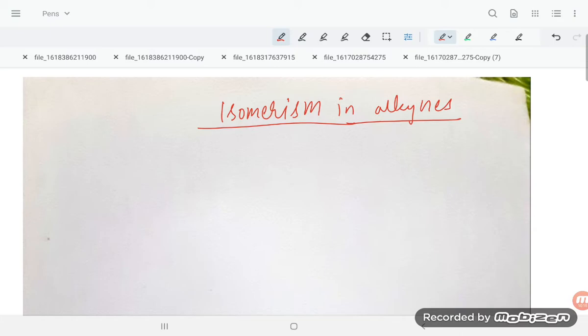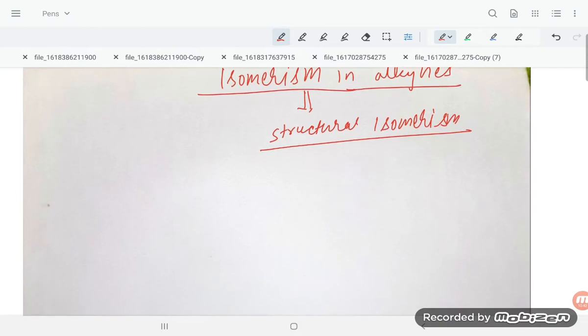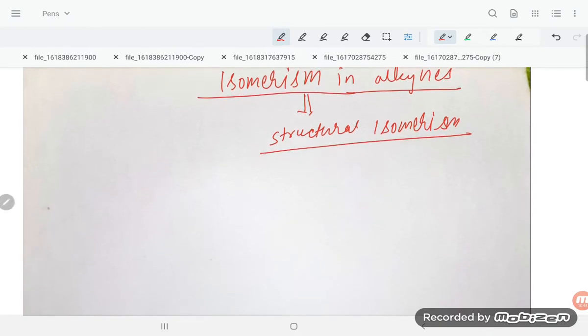The first category is structural isomerism. Isomerism means everything is the same, like molecular formula and molecular weight, but what is the difference, students? The structures will be different, dear students.